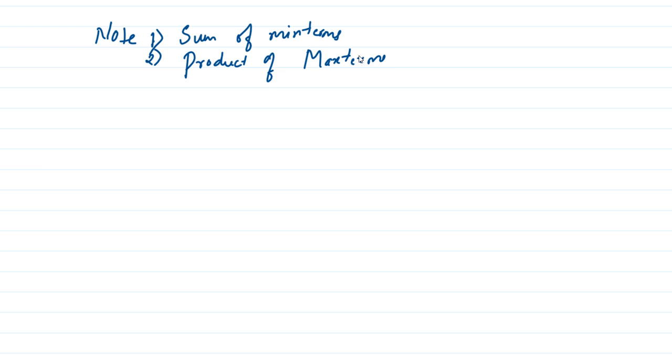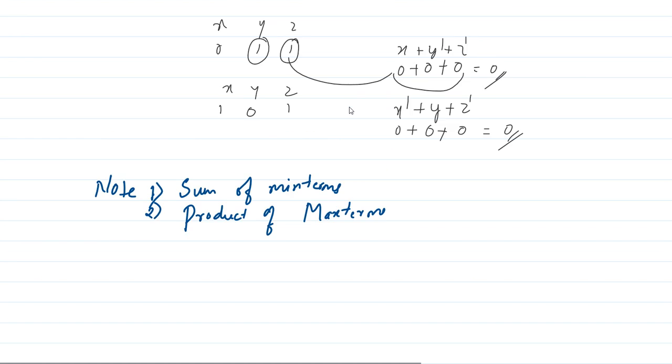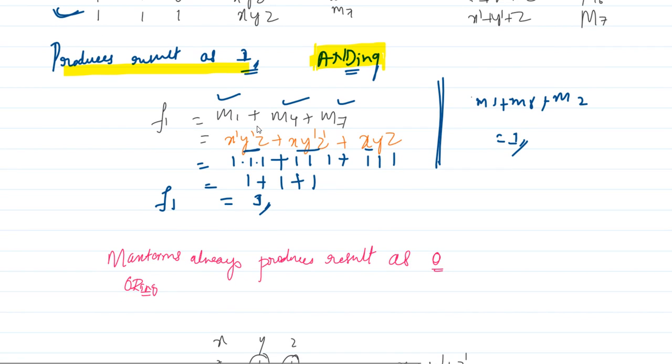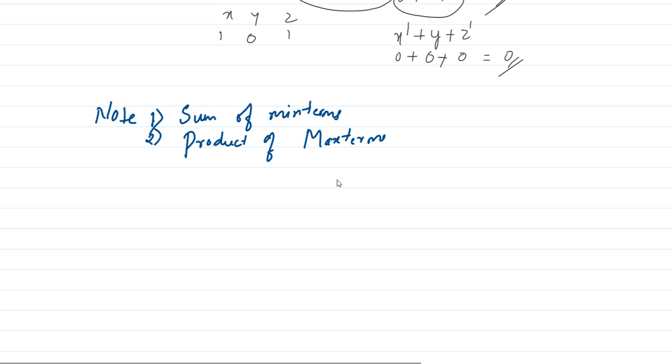What is a sum of min terms? I have already written one function for that, m1 plus m4 plus m7. These are the min terms, right? These min terms are ORed, so I can call that a sum of min terms. m1 plus m3 plus m4.